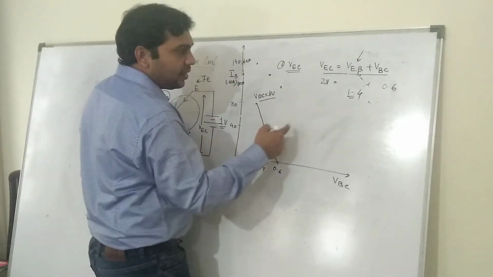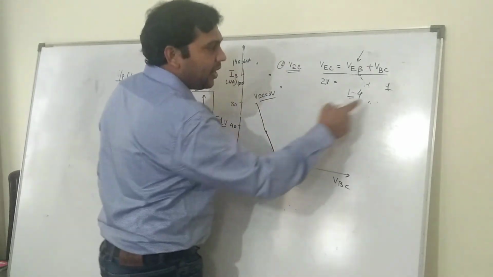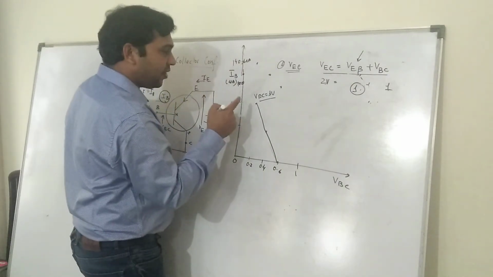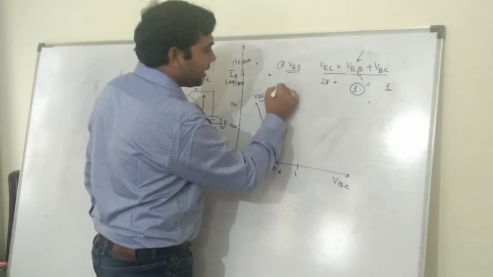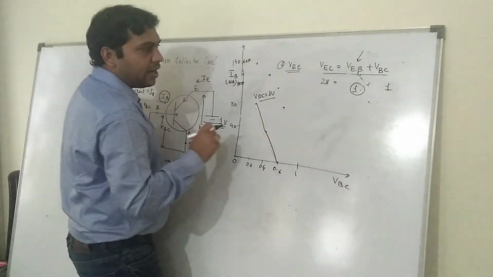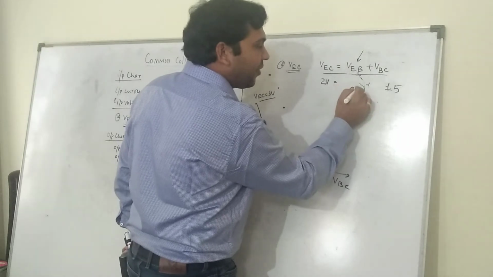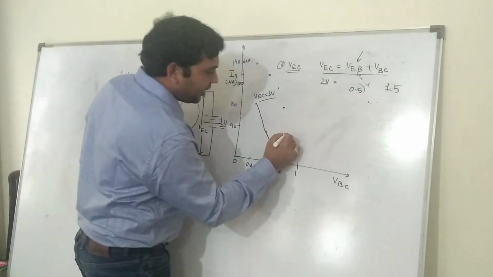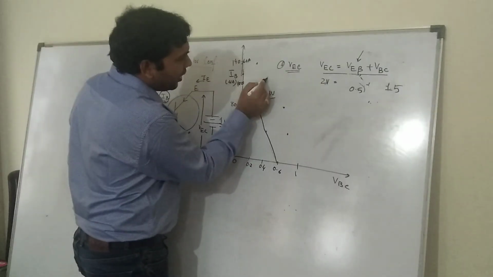Okay, then if you increase VBC to 1 volt, VEB will be 1 volt, and at 1 volt, let's say the current is 80. And if you are increasing VBC to 1.5, then VEB will be 0.5, just at the verge of forward bias. Let's say the current is 40. So this will come linearly, like this.